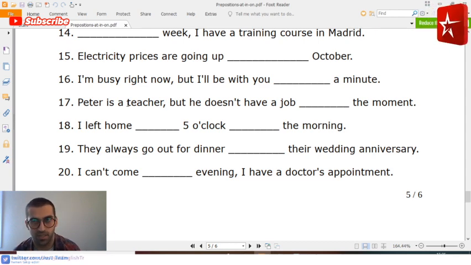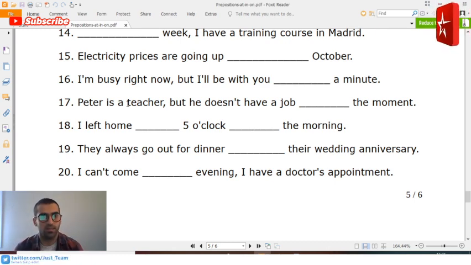Mesela at Christmas dedik, tamam mı? On Christmas day diyoruz. On their wedding anniversary day olursa veya olmazsa at kullanmamız gerekiyor. At their wedding anniversary. And last one, this is wrong.